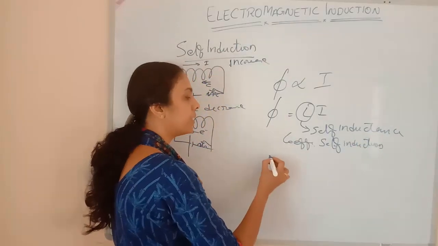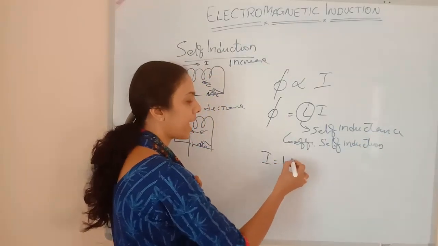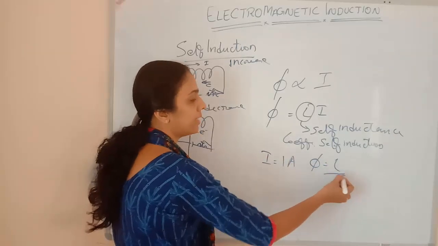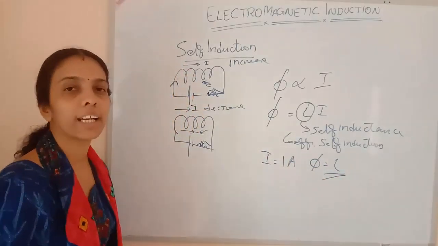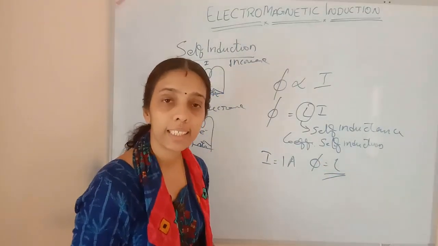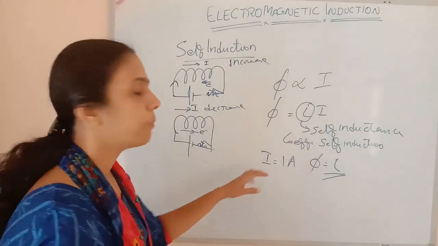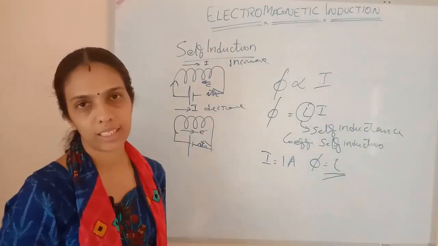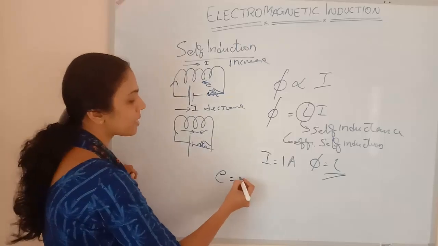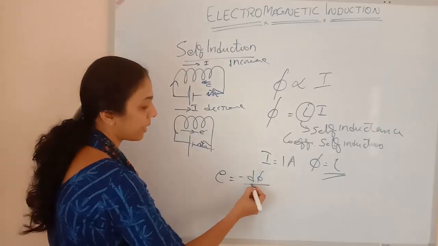If I equals 1 ampere, then the flux linked with the circuit is the coefficient of self-induction. So the coefficient of self-induction is equal to the flux linked with the circuit when 1 ampere current flows through it. We know EMF induced is equal to minus d phi by dt.